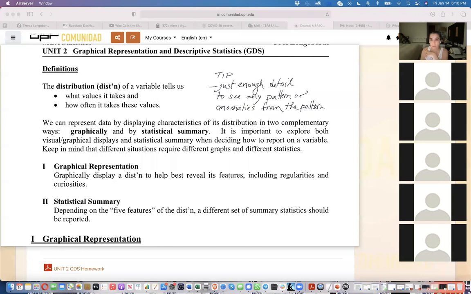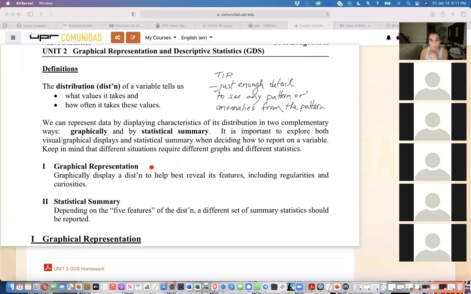So a pattern. You want to see if you can identify a pattern and any anomalies, anything curious that's away from the pattern. And once we've done that, we can then talk about summary statistics, because the pattern will determine what kind of summary statistics are appropriate. Okay, we'll get into that.